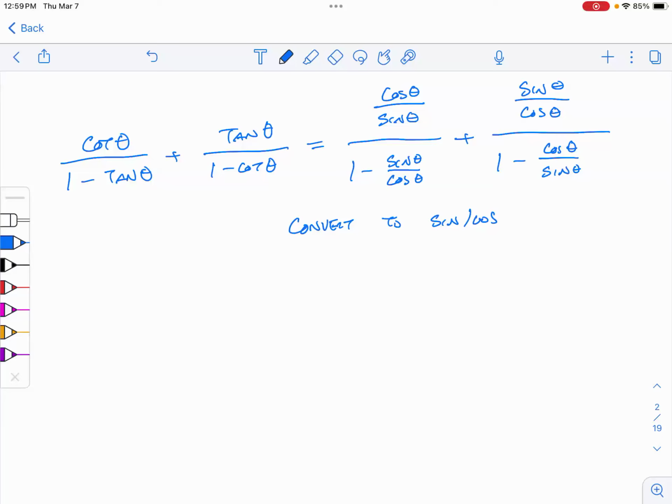And then, all right, so again, just going down the rules. So convert to sines and cosines. It's going to get worse before it gets better. And then what's the second rule? Common denominator. I already see where I'm ultimately looking to go.